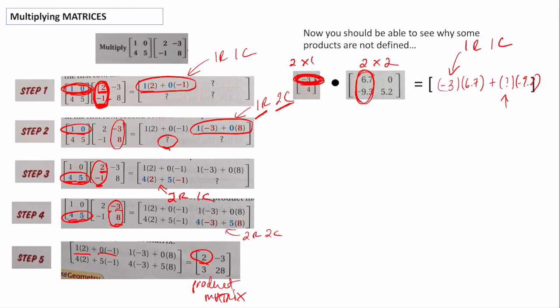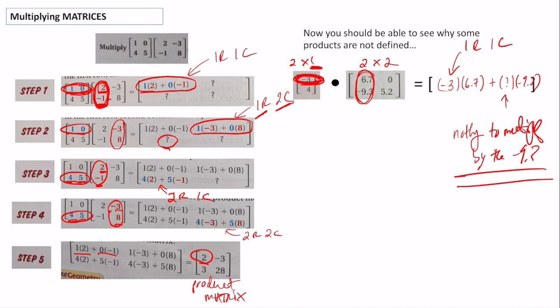There's nothing in the first row of the first matrix to multiply by the -9.3. And that's why it's not going to work. It's not going to align. That's why the number of columns in the first matrix needs to align with the number of rows that you have in the second matrix.